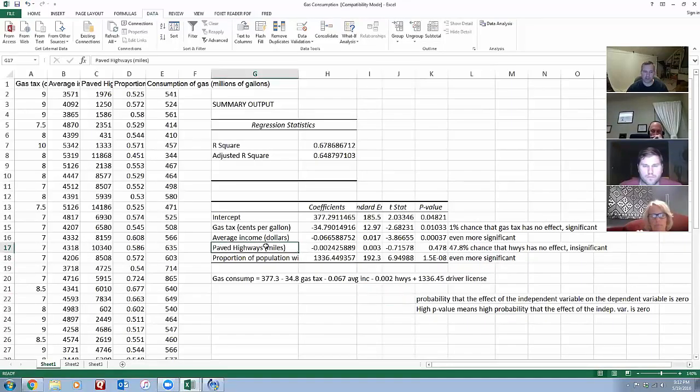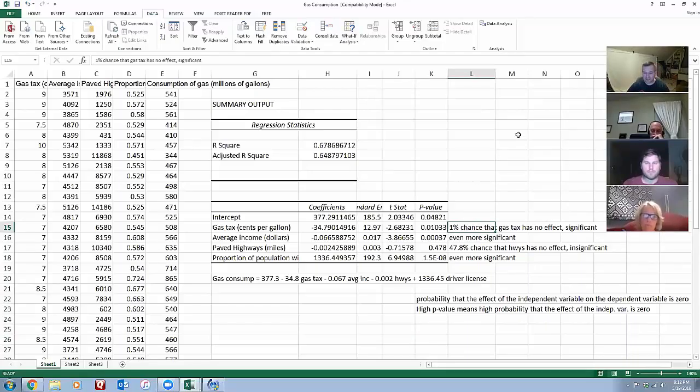So the only variable here that I included that seemed to not have a significant effect on gas consumption was the paved highways. The rest of them seem to be significant, at least at the 1% level. You have to be careful with how we word these things. When I say they're significant, there's a difference between something being significant and being important.